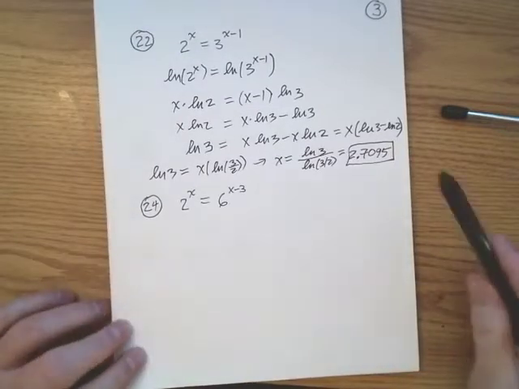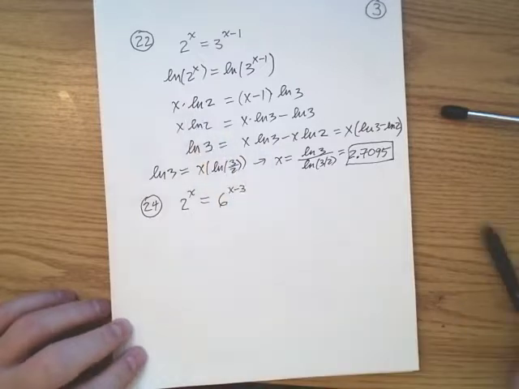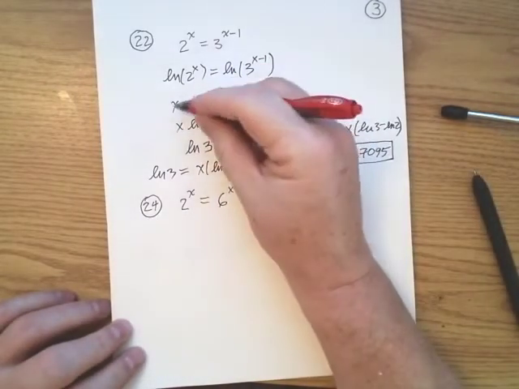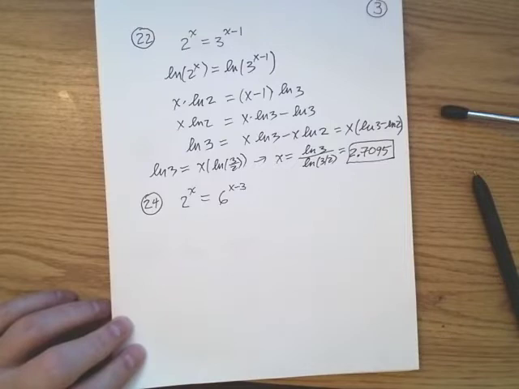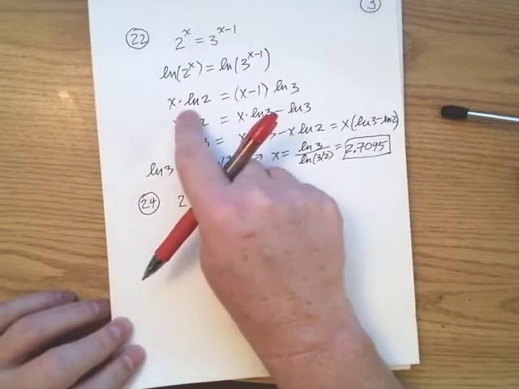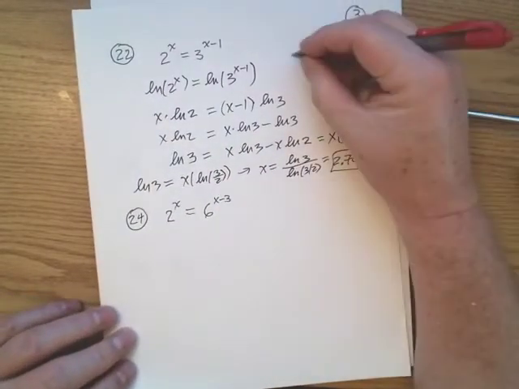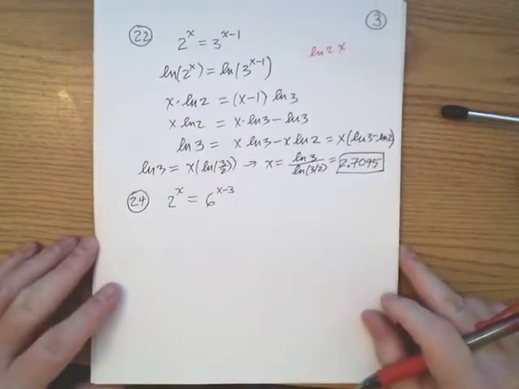One comment I wanted to make right here. When I write this, I went x times the natural logarithm of 2. The natural logarithm of 2 is a number. Usually we write numbers before the variable, or the unknown. We write 7x, not x7. We choose to do it this way, however, this time, because if you go like this, how would that be interpreted?